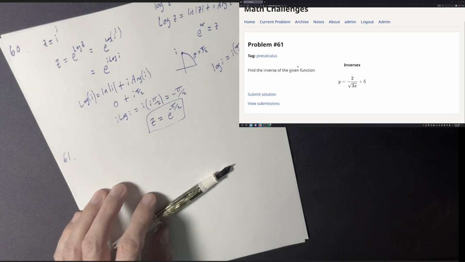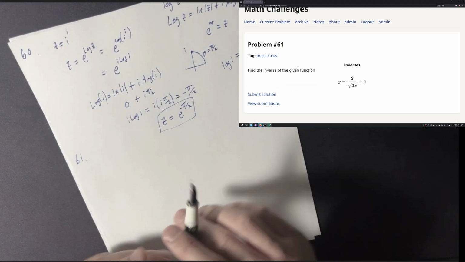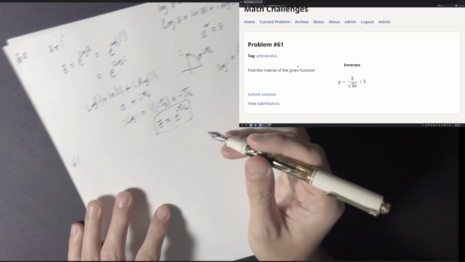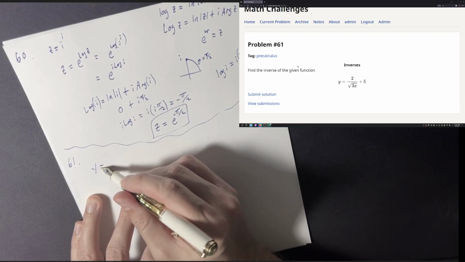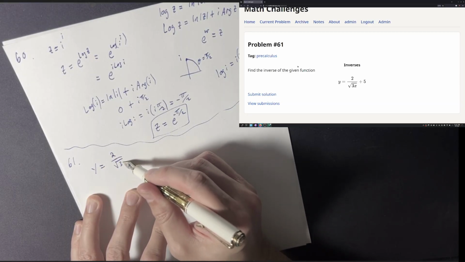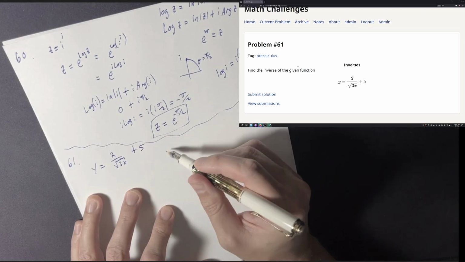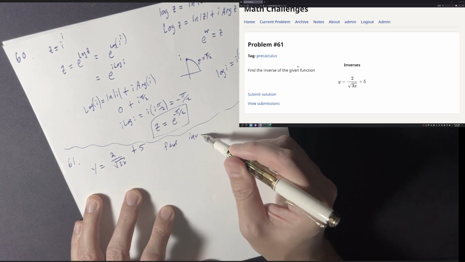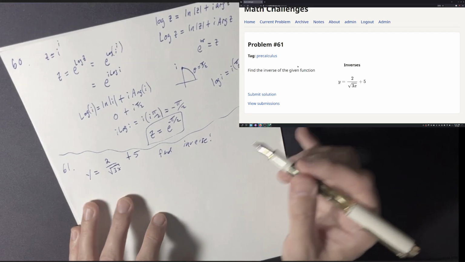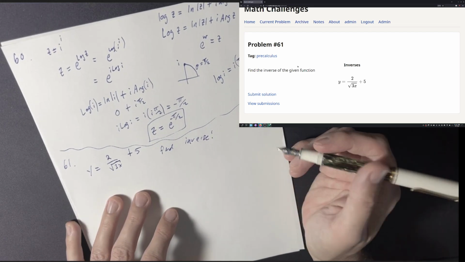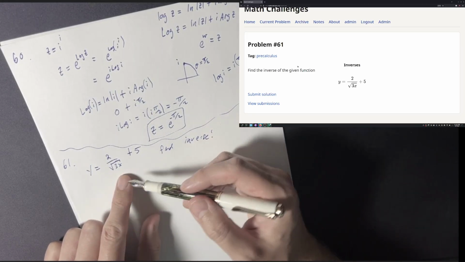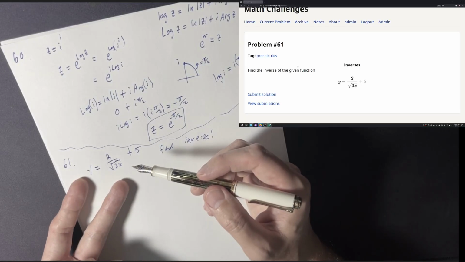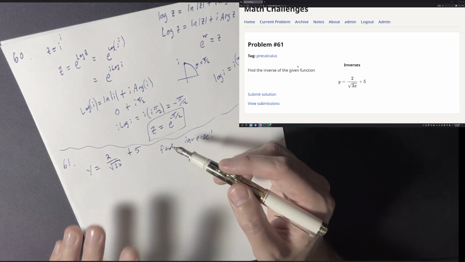All right, so anyway, back to the story. Let's move on to pre-calc. This one's not as terrifying as the complex analysis question, of course. So this one says we have this function 2 over root 3x, and we add 5 to it. Find the inverse. You can just solve for x, or you could swap these and solve for y if you prefer to do it that way.